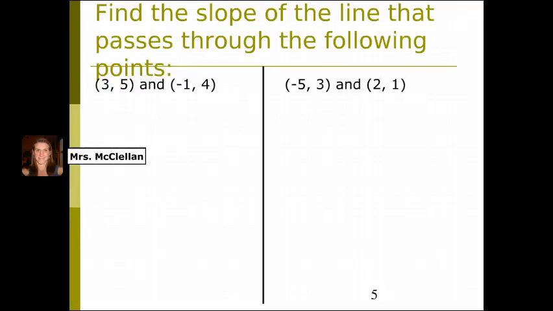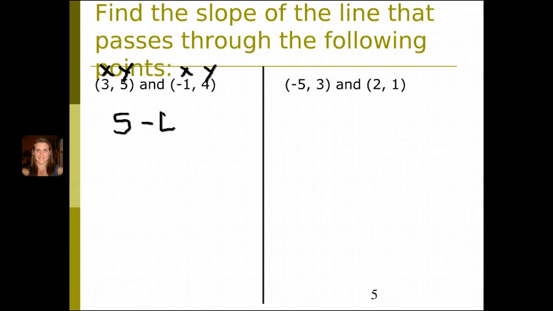To find the slope of the line that passes through the following points, we're going to identify our x's and our y's in these ordered pairs. I'm going to take my first y value, which is a 5, and I'm going to subtract my second y value, which is a 4.